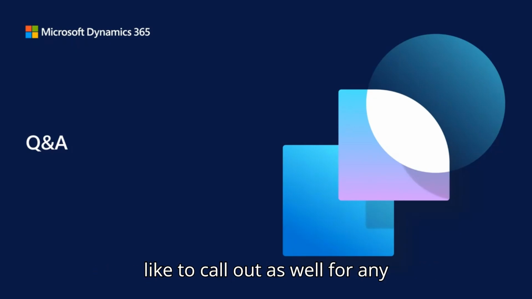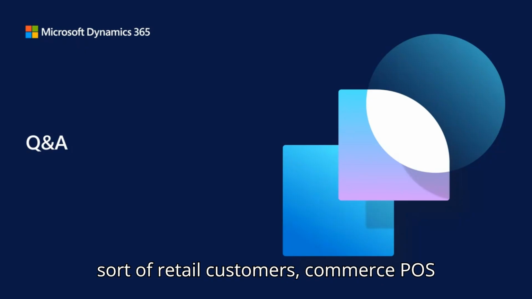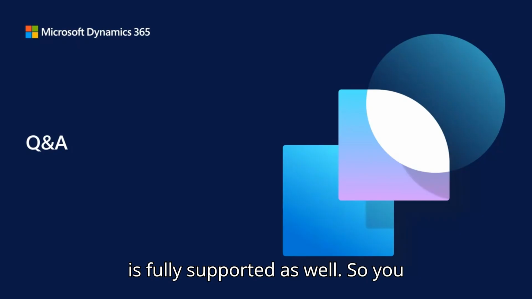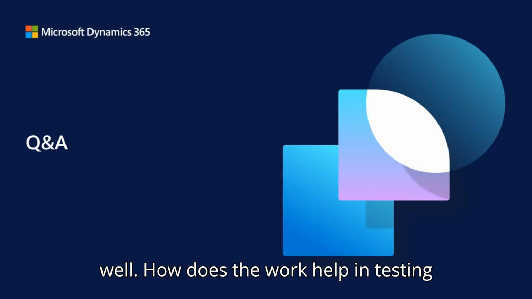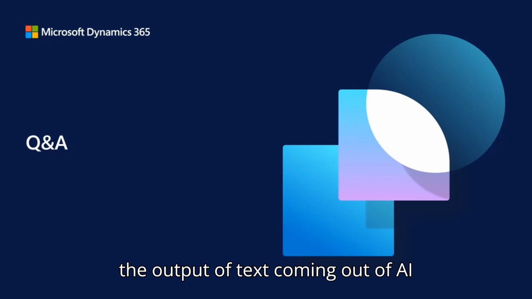One that I'd like to call out as well, for any retail customers, commerce and POS is fully supported, so you can easily build those end-to-end test cases across different technologies. How does Leapwork help in testing the output of text coming out of AI tools?